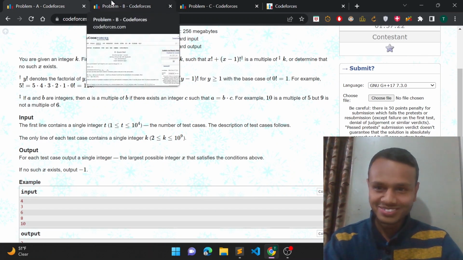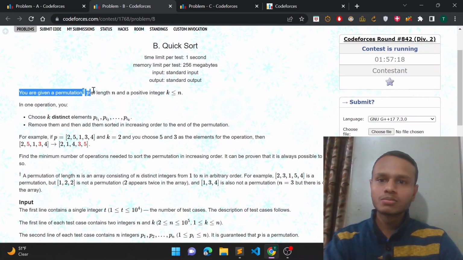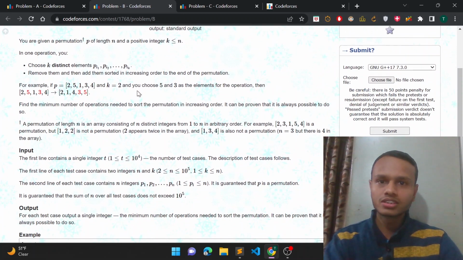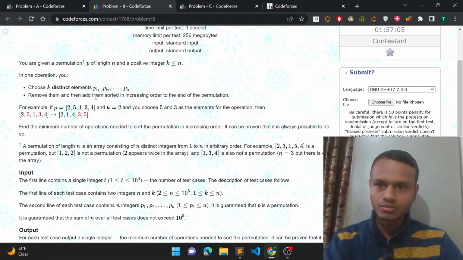I don't know. Okay. Quick sort. You are given a permutation p of length n and a positive integer k which is less than or equal to n. In an operation, you choose k distinct elements, remove them and then add them sorted in increasing order to the end of the permutation.